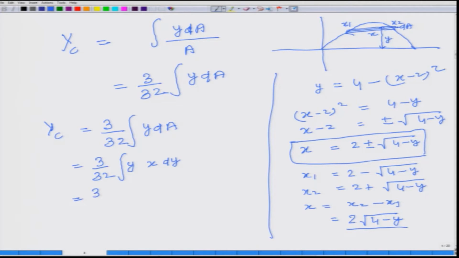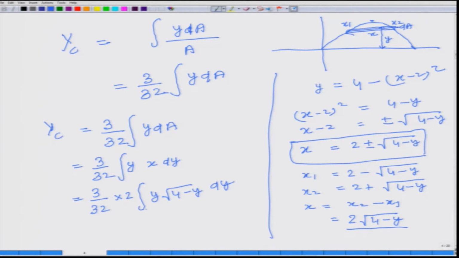So, this is 3/32 into 2 integration of root 4 minus y into dy, right. So, what we have to do? We have to add up all these strips. So, minimum strip would be equal to 0 and maximum would be 0 to 4.